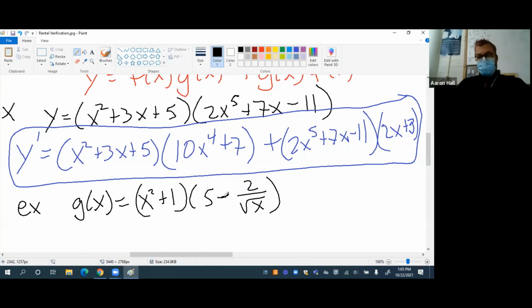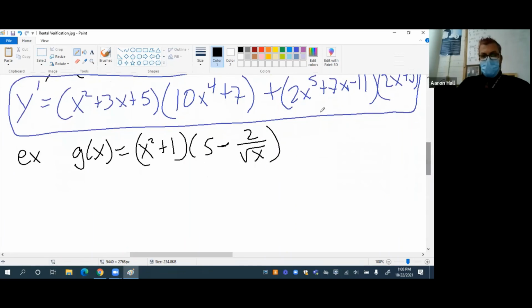The product rule. We still have to do the quotient rule, so we're going to go ahead and do this one now.